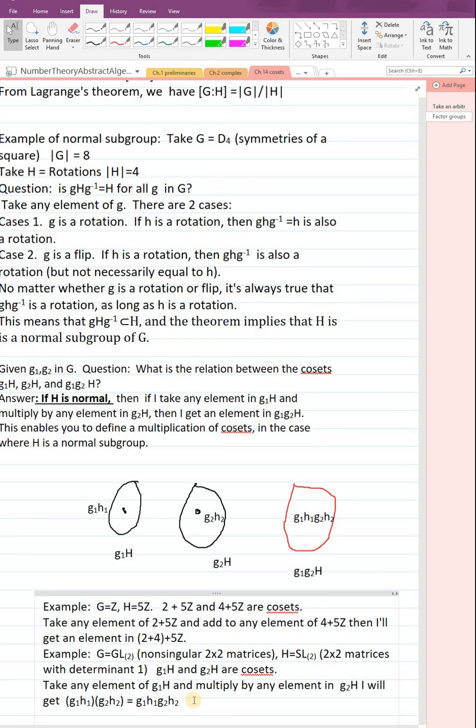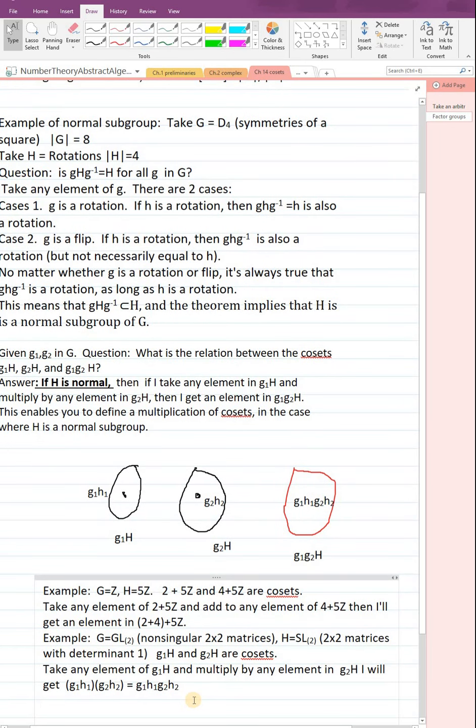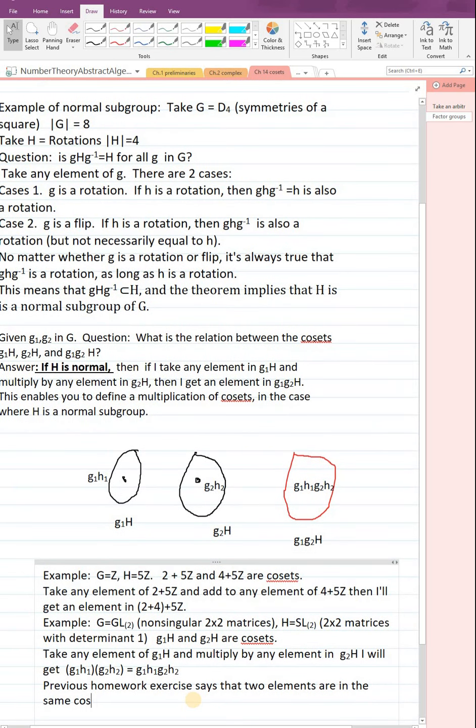All right, so how does this show the principle? Well, let's see, the cosets. From one of the previous homework exercises, it says that two elements are in the same coset of H if they have the same determinant.